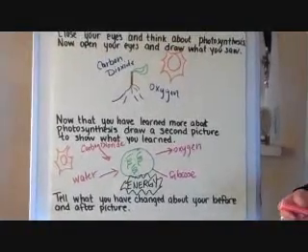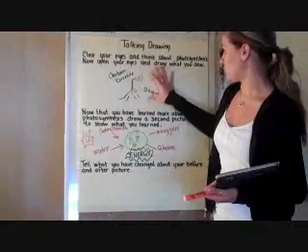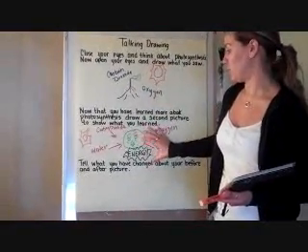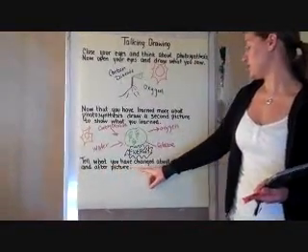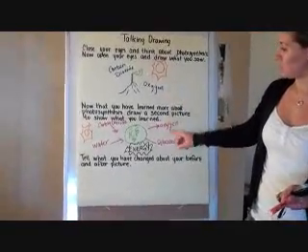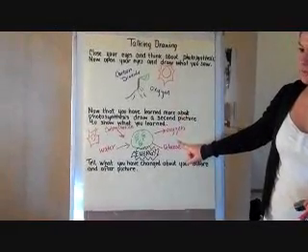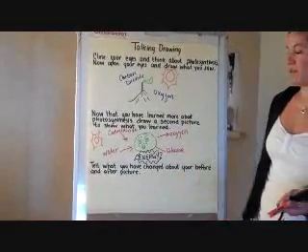Excellent. All right, now that we've drawn our before, what we knew, and our after, what we've learned picture, I would like you to take a moment and write down some key changes, some things that you notice from your before and after picture. So go ahead and take a minute and write that down, please.